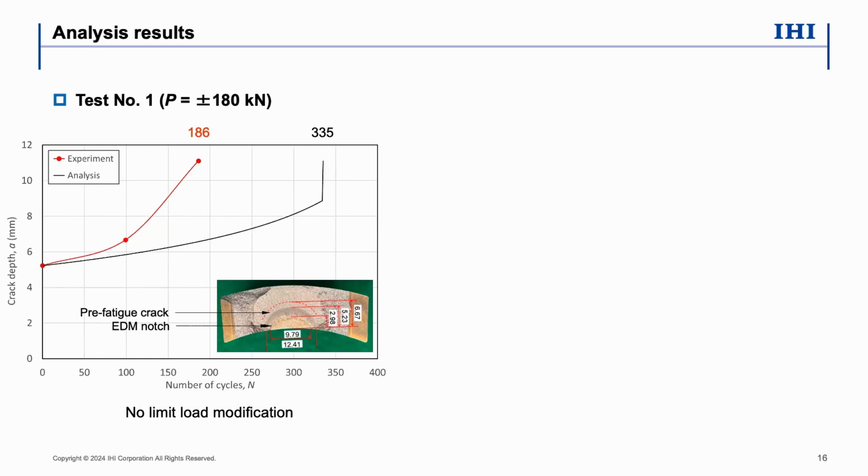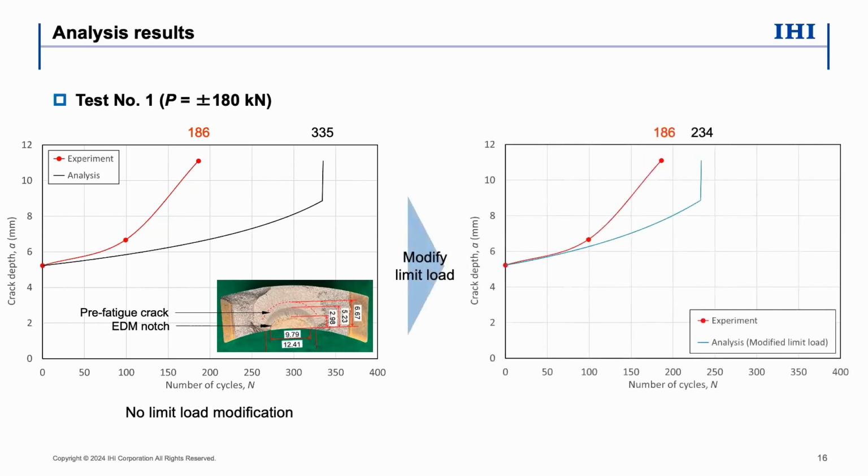Considering the simplicity of this method, the result was not bad, but the analysis gave unsafe predictions. So we modified the limit load by Professor Kim's proposal, and we obtained a better relationship.